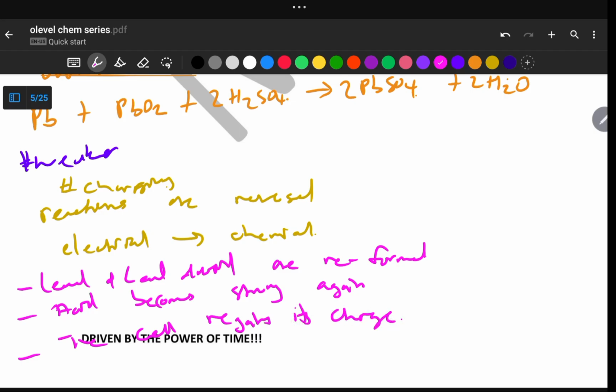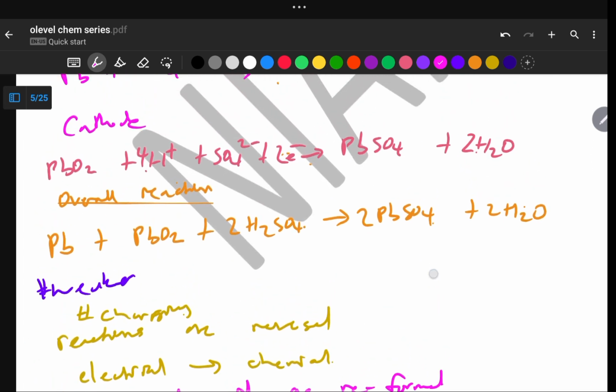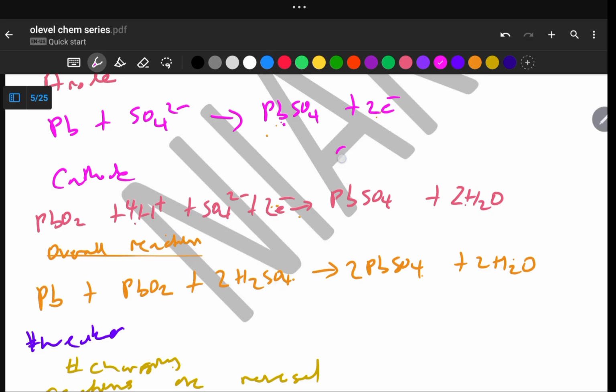Are we together? So this is what you need to know. And also remember that the cell will produce a voltage of about 2 volts, right? So this is a takeaway.